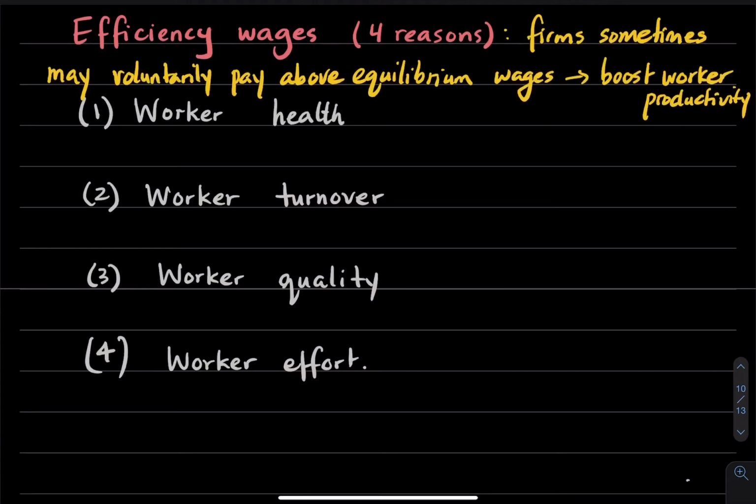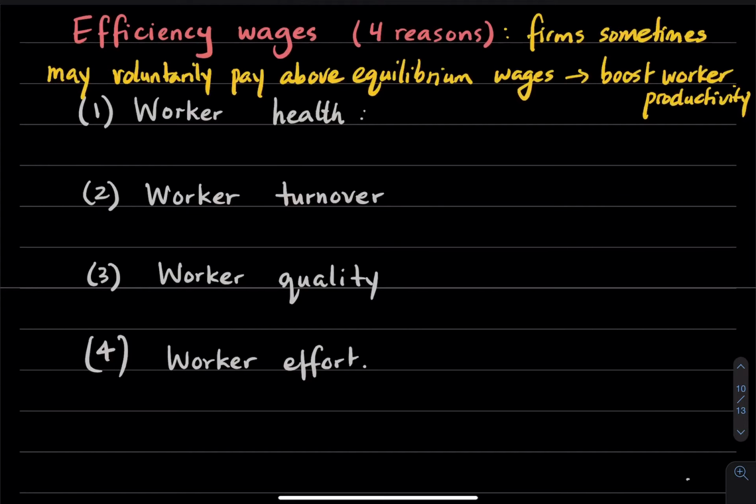Paying higher wages would allow workers to eat better, making them healthier and more productive, right? So by paying a higher wage, you're going to eat better and be more productive.